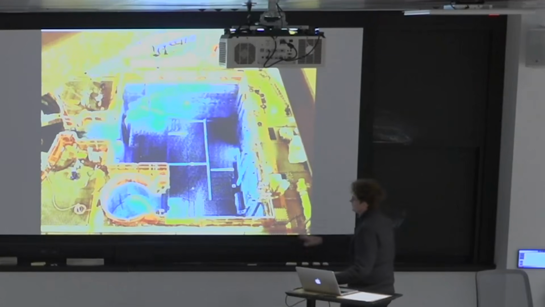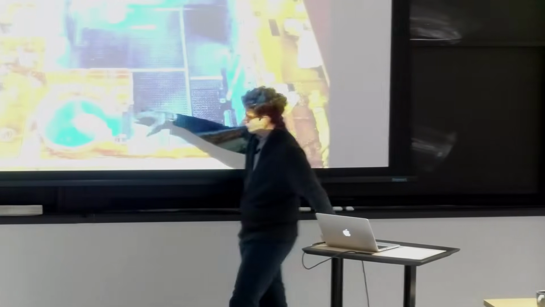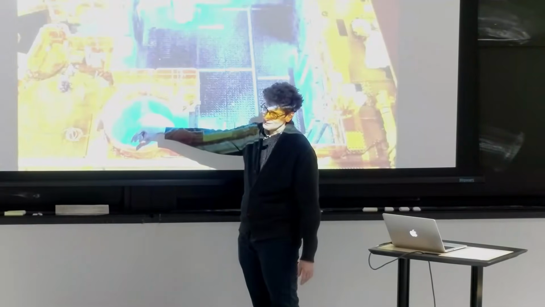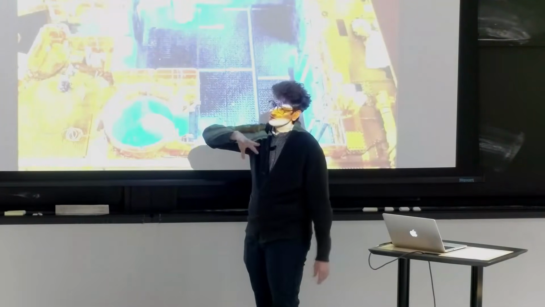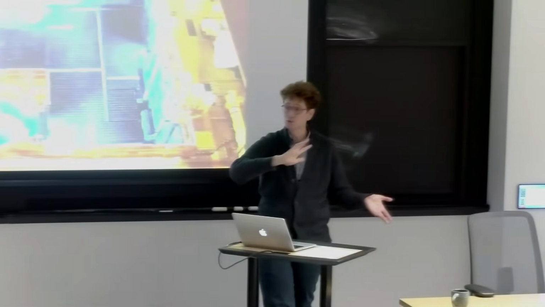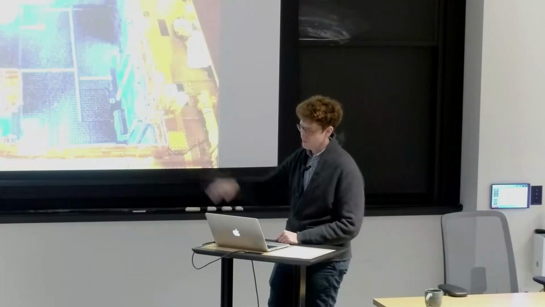And then it sits in this pool for some period of time until it's cool enough, and then you put a concrete cask in here, and then you transfer the fuel into the cask, seal the cask, and you can take it out. And then once it's cool enough, it can go into this cask and just be air cooled, and then you stick it outside the reactor on a platform.